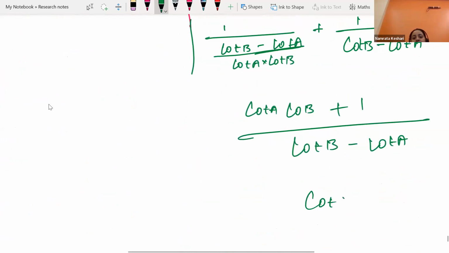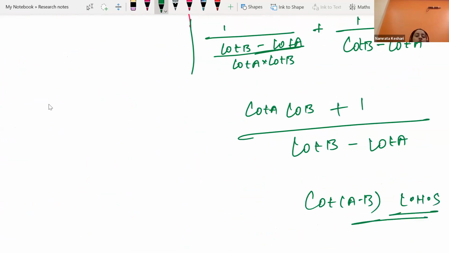Yes, ma'am. So we are done. This much simplification you have already learned in class 10 while proving so many trigonometric identities, left hand side, right hand side. So these are not new to you, right?